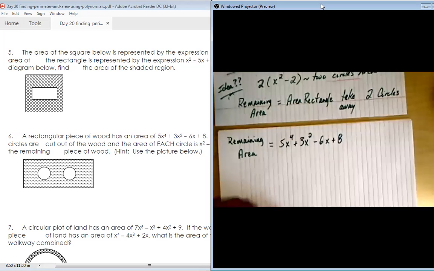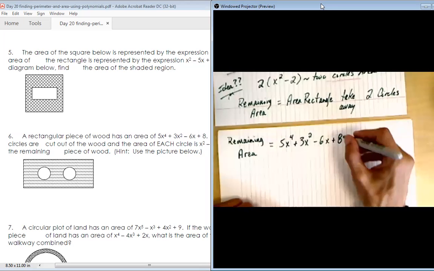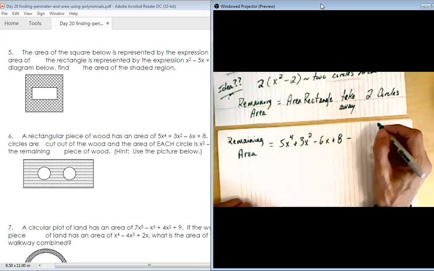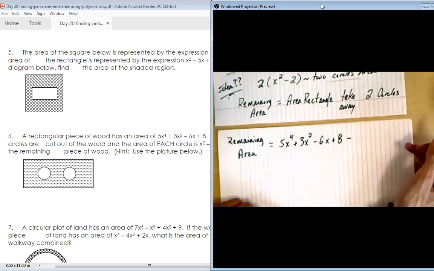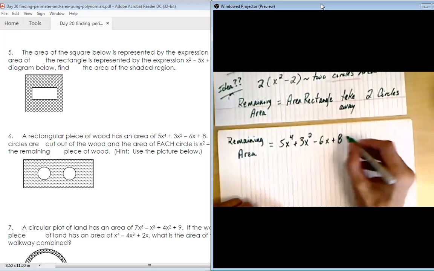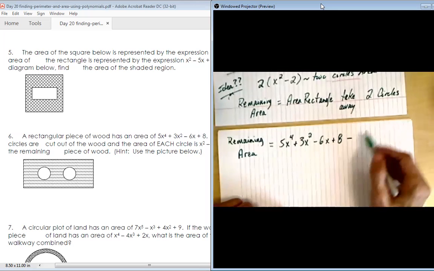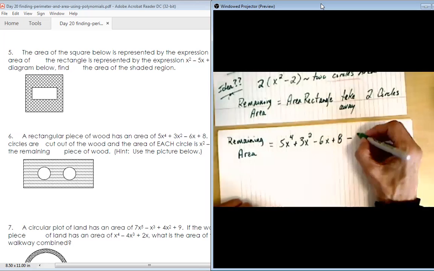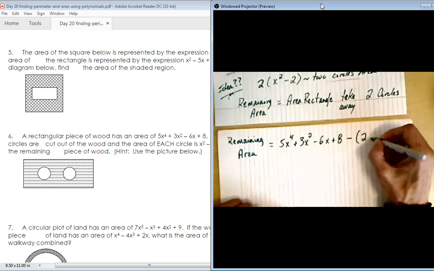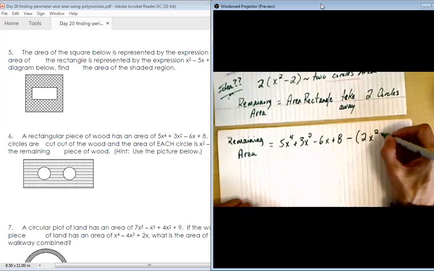So we can do minus 2 circles, that's 2x squared minus 4. Yeah, nice. So Zoom kind of got it. Zoom said minus 2x squared minus 4, but the brackets are important. Otherwise, algebra disaster.